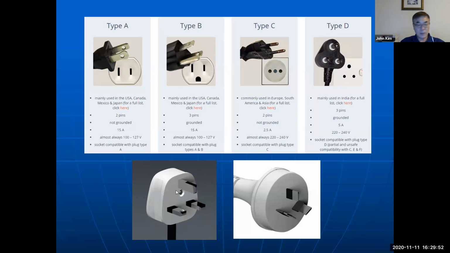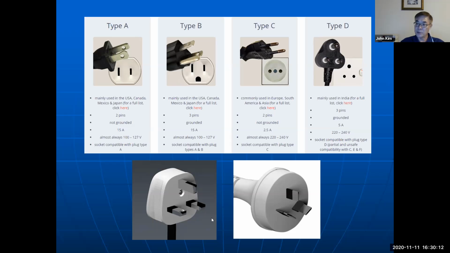I saw this type when I went to Saudi Arabia, 220, and also in the United States, like the dryer.